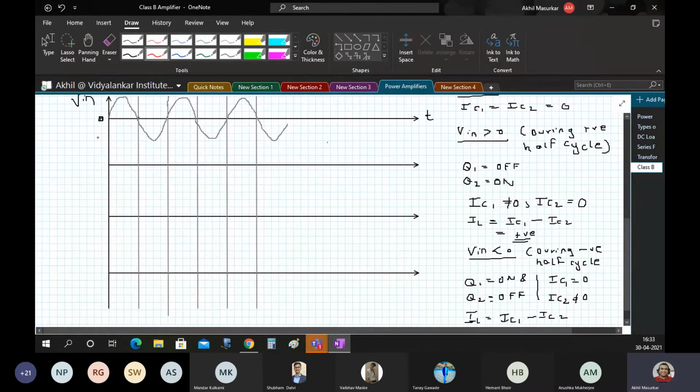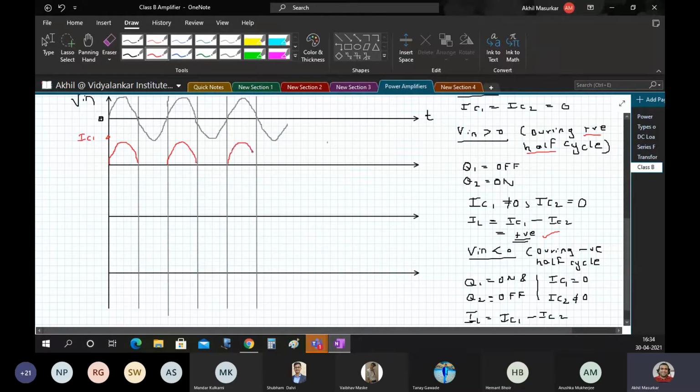So first, this is my Vin. Now let us see current flowing, that is IC1. So IC1 will be something like this. You can see IC1 is positive only during positive half cycle.